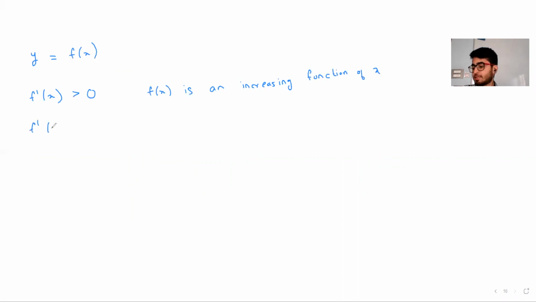If f dash x is negative for all values of x, then f x is a decreasing function of x. Now note that this should hold for all values of x, then only we can state these two properties.